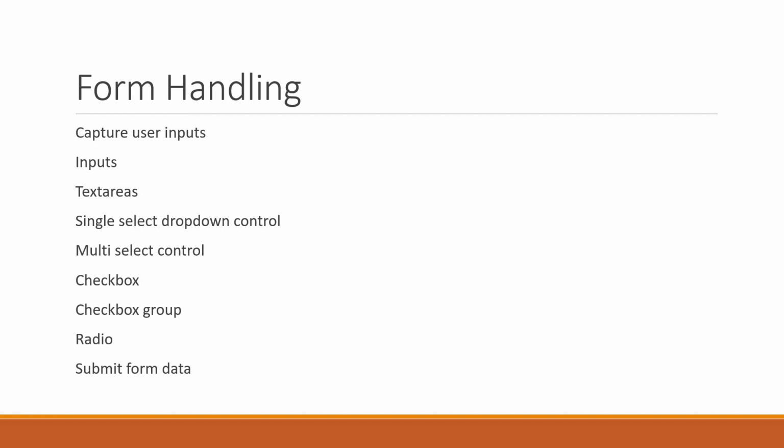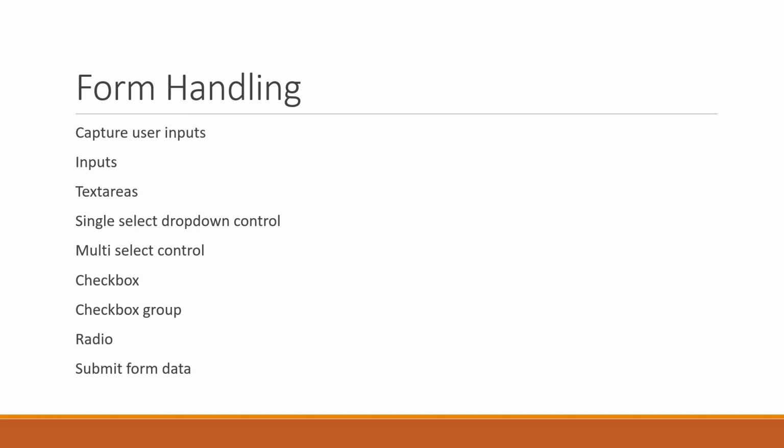In this video, we will understand how to work with inputs, text areas, single select dropdown controls, and multi-select controls. In the next video, we will learn about a single checkbox, group of checkboxes, radio buttons, and also how to submit the form on click of a button.